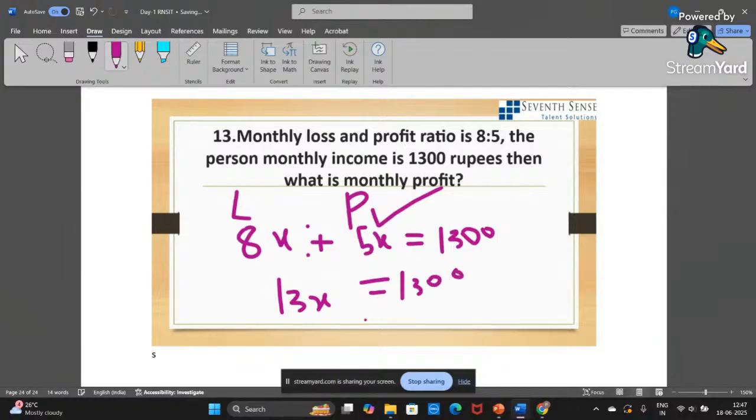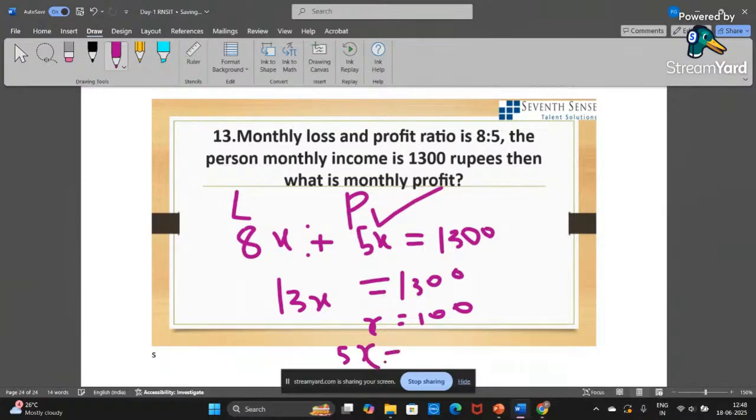So x equals 100. You have got the x value, and you need to find the monthly profit. Profit ratio is 5, that is nothing but 5x. So 5 into 100 is 500.